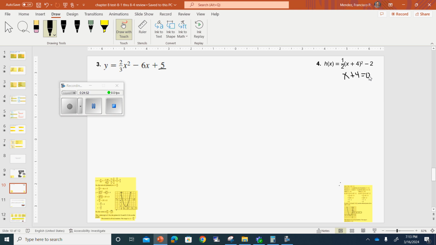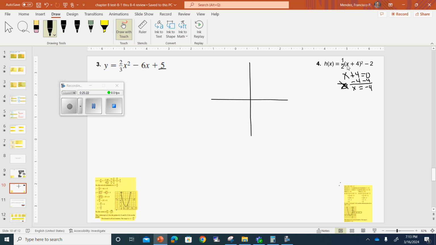So we're going to minus 4 from both sides. This is going to leave us with x is equal to -4. So now we know that this is our axis of symmetry. Remember this from lesson 8.4. Our axis of symmetry will be -4, right?